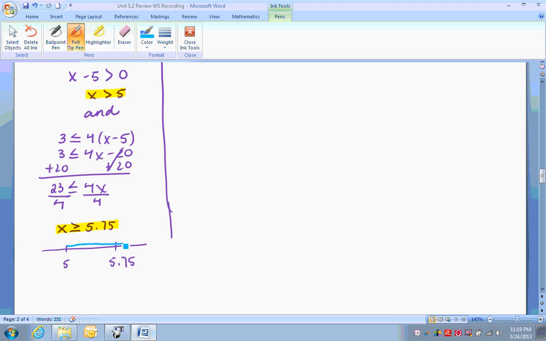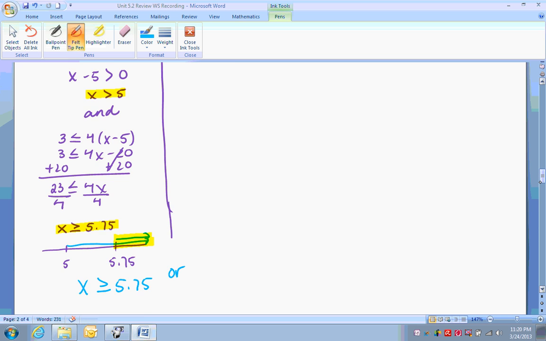So there's x is greater than 5, and then x being greater than 5.75 is right there. I highlight the cases where both arrows are. And if you notice, this is when x is greater than or equal to 5.75, when this inequality is true, and when the LCD is positive.